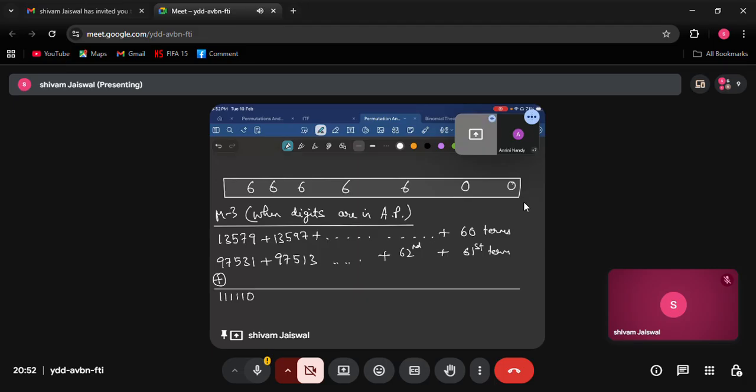Okay. Next, tell me, what is the addition in the second column? Sir, same. Okay, so that means every particular column will give us the same return.